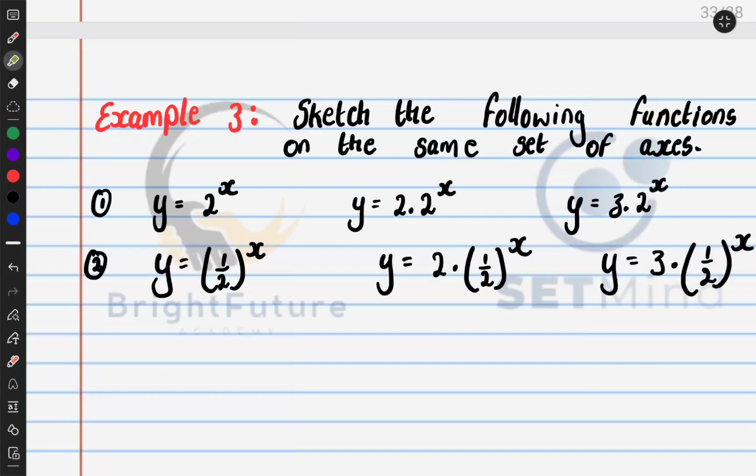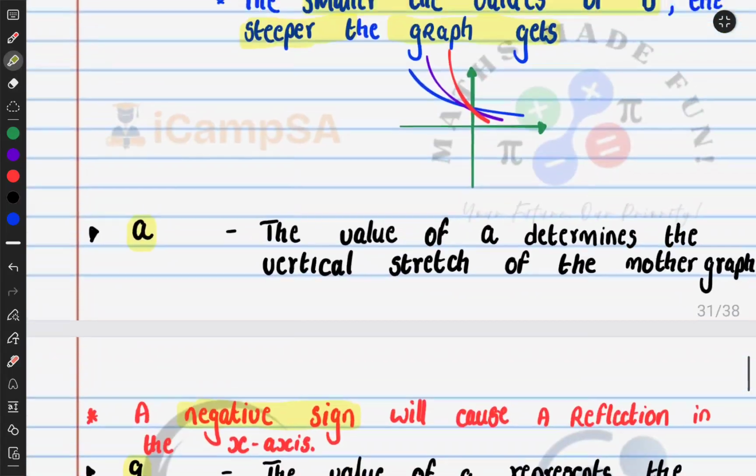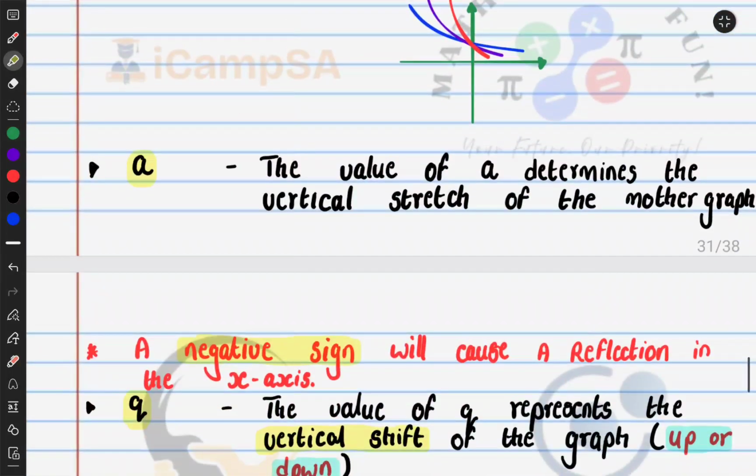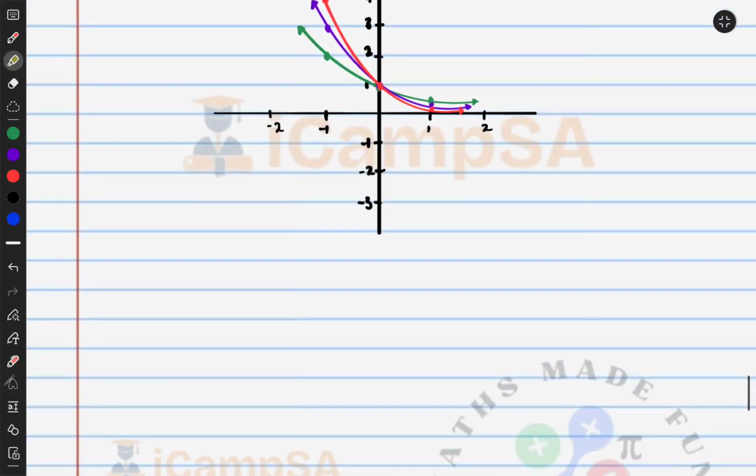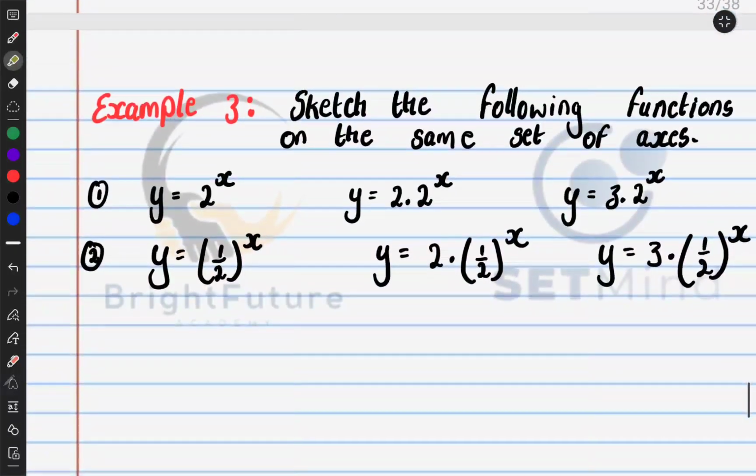What does the variable a do? The value of a determines the vertical stretch of the mother graph. As you can see, we have this mother graph, and then the variable a has been introduced here, 2 and 3, and of course for the mother graph the value of a is 1.